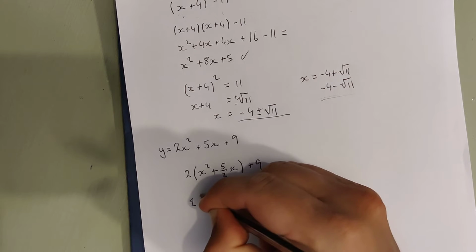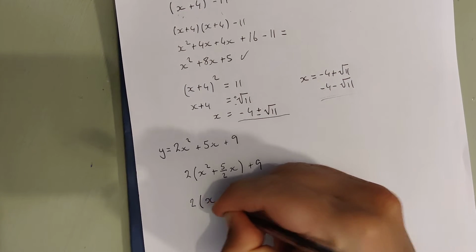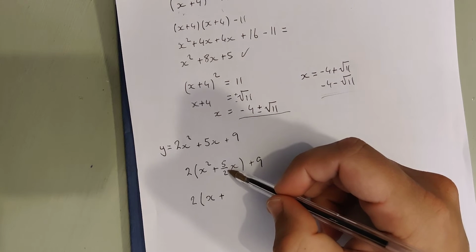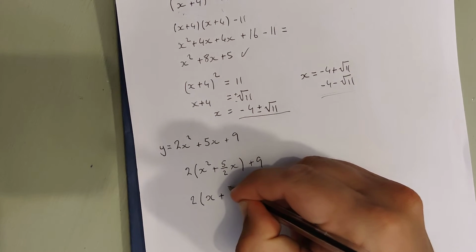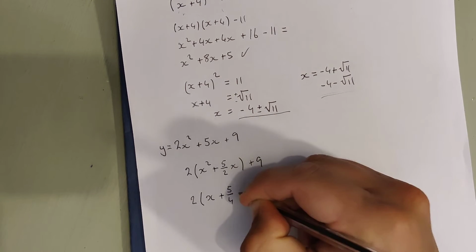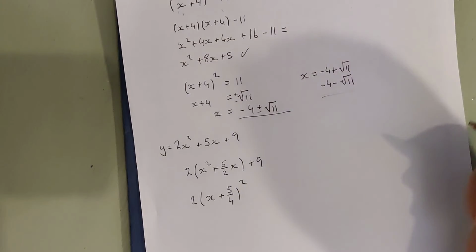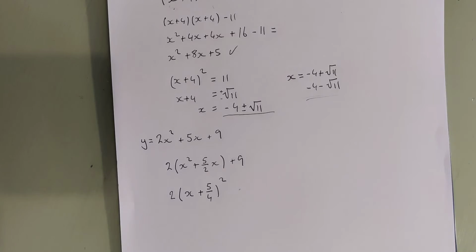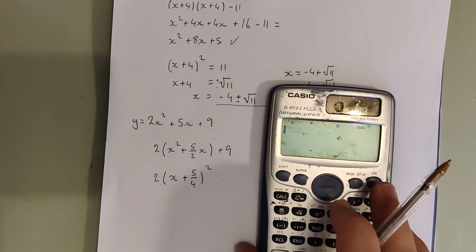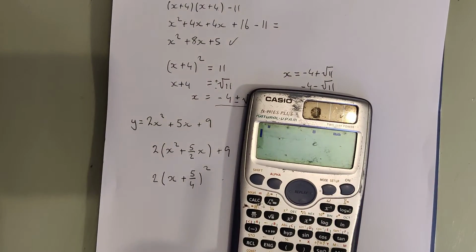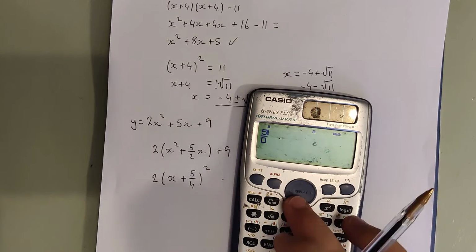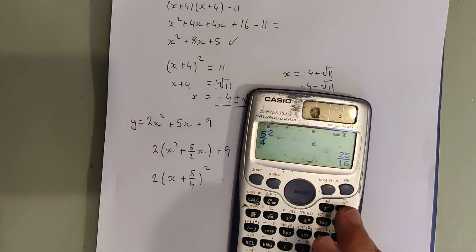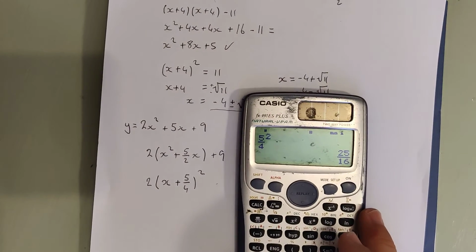So again, we leave the 2 out, put the x in the middle, we divide 5 over 2 by 2, and that's 5 over 4 squared. We then have to figure out what we have to add or subtract here. So we do 5 over 4 all squared, because that's what's going to happen in the brackets, which gives us 25 over 16.